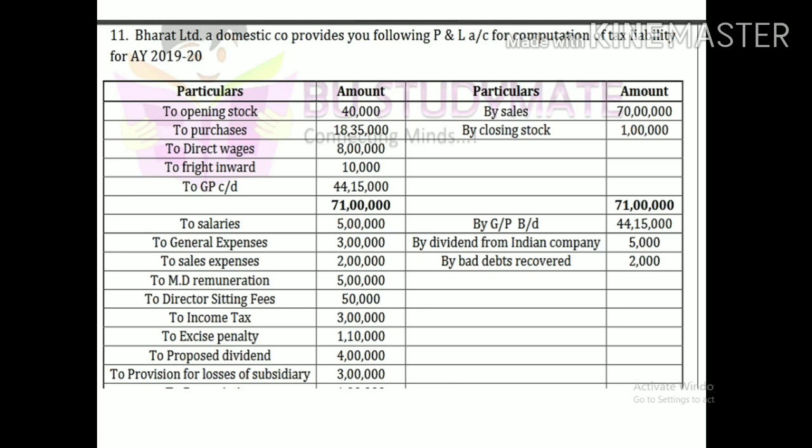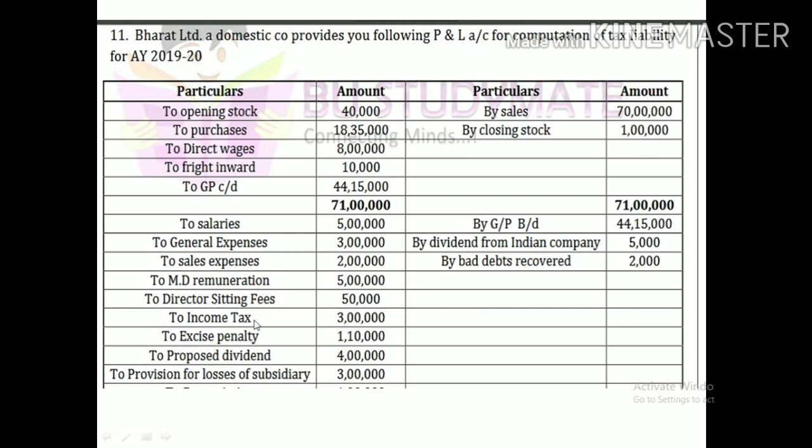Then next we will go for statutory additions. See, which are the statutory additions we have here? Please observe. Salaries will not come. General expenses also do not come in the MAT. Sales expenses also do not come under the MAT. MD remuneration is also not considered. Director sitting fees, don't consider.